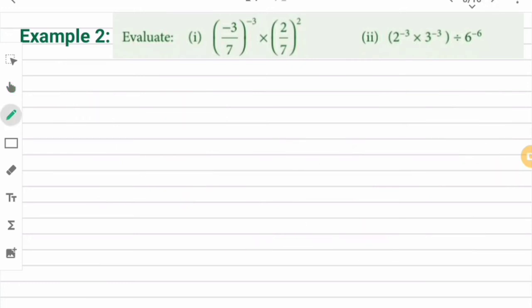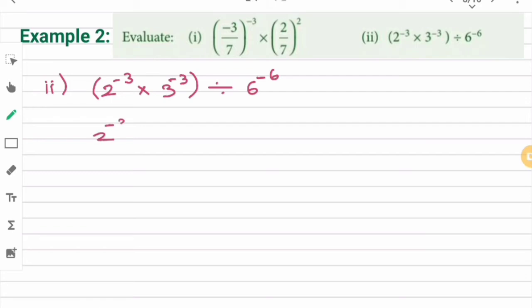And second substitution is 2 power minus 3 into 3 power minus 3 divided by 6 power minus 6. So first I am going to write it in a fraction form.